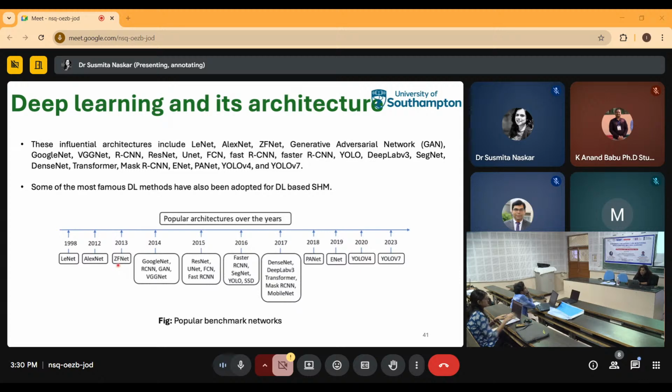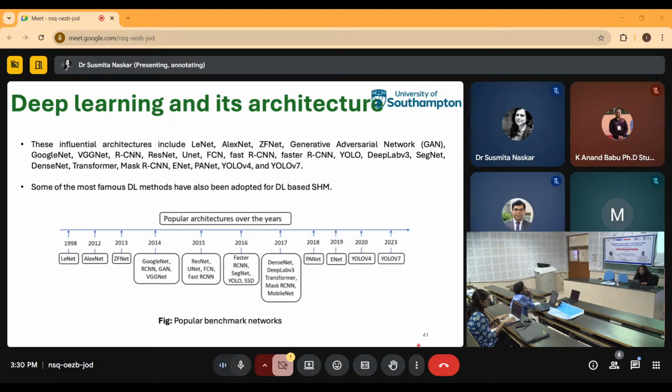And then around 2015 there is ResNet, which was introduced with residual connections, and that makes training very deep networks feasible. Following that, there are a lot of others like the YOLO series in 2016, which has been used for real-time object detection in practical settings.